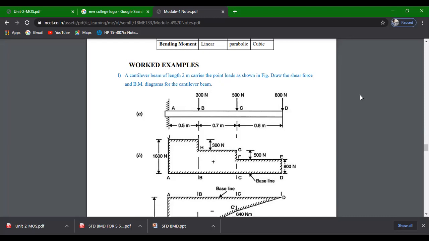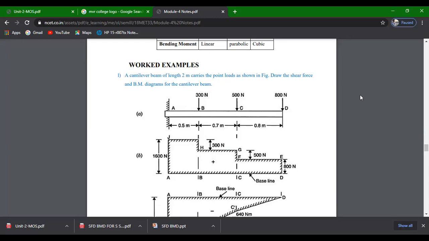Before solving the problems, we need to consider some assumptions here. The first assumption is the sign convention. What is the sign convention for the SFD? We need to remember the sign convention for the SFD as well as for the BMD.